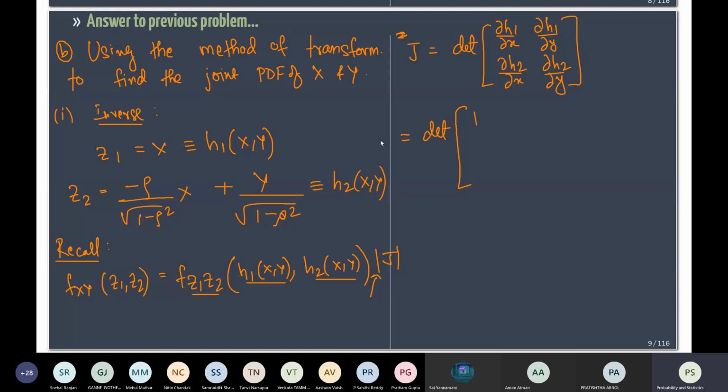Del H2 by del x is minus rho by square root of 1 minus rho squared, and for y it's just 1 by square root of 1 minus rho squared.